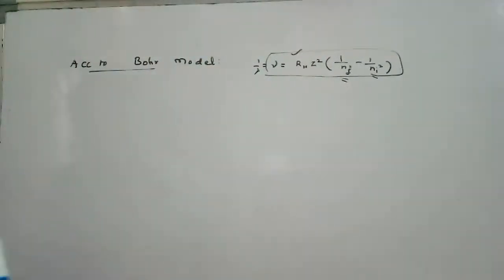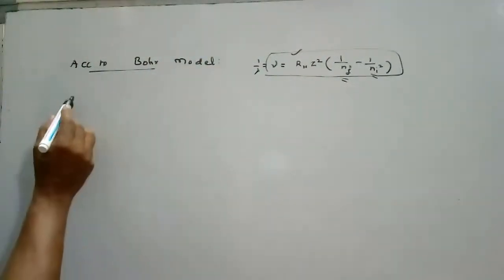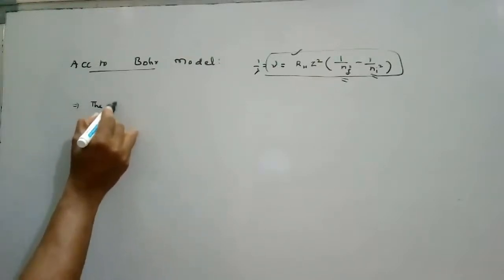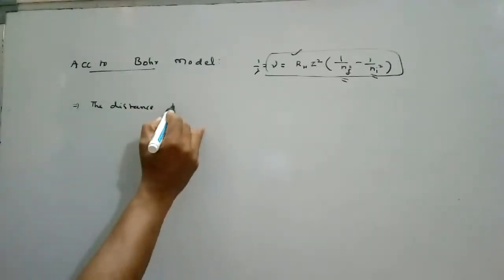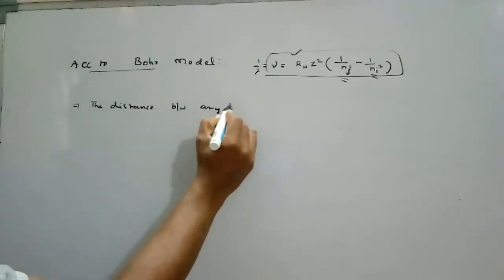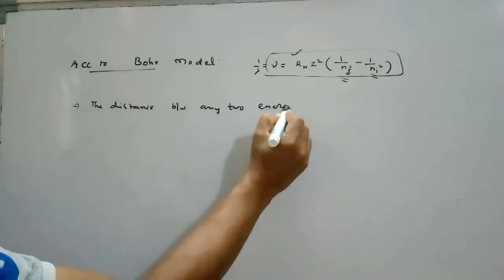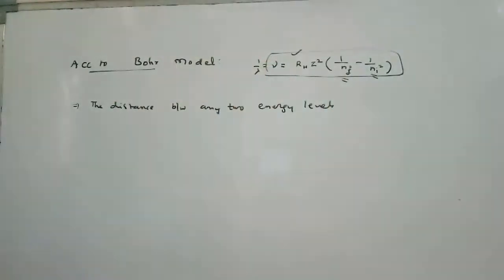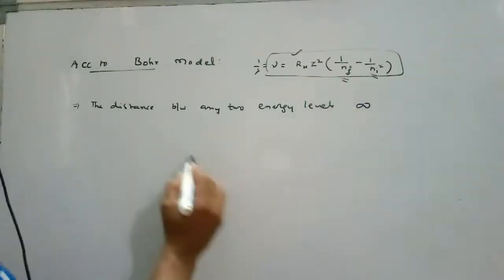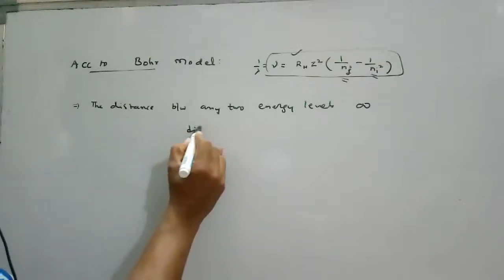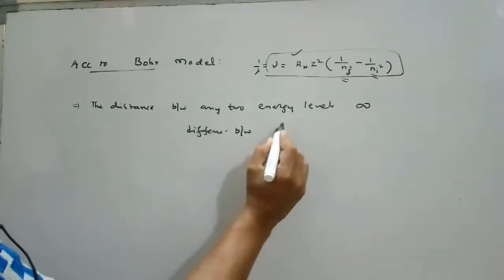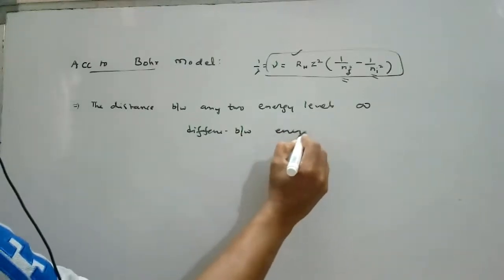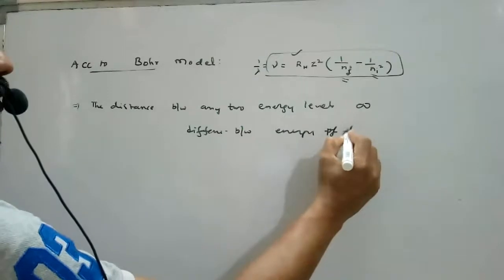See, if we observe the series, the distance between any two energy levels is proportional to the difference between the energy of the two levels.